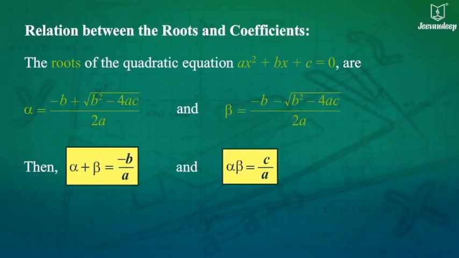Then the sum of alpha and beta is given by -b/a and the product of alpha and beta is given by c/a.